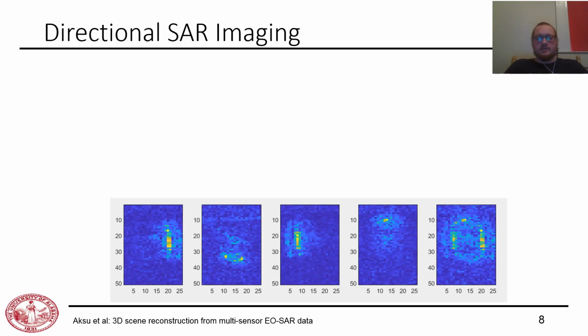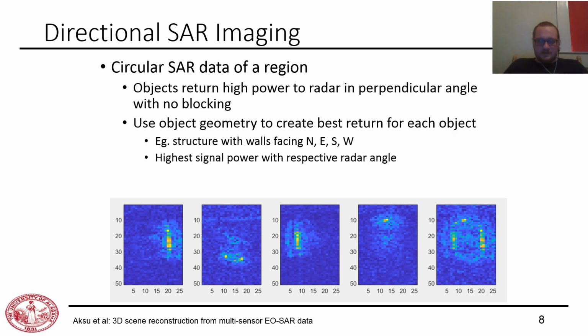Directional SAR imaging uses angular SAR data from particular angles. Circular SAR uses a 360-degree pass around the scene to create 2D or 3D SAR imaging. Objects return high power to the radar, especially when they are at a perpendicular angle with no blocking.